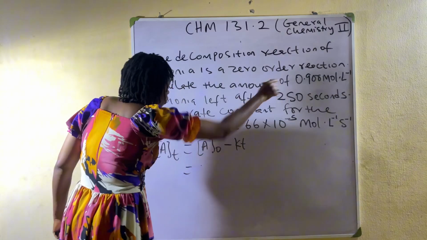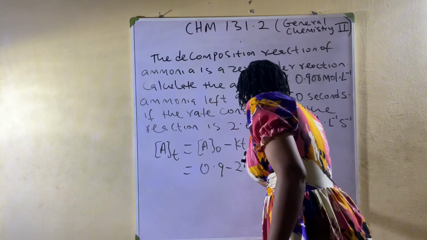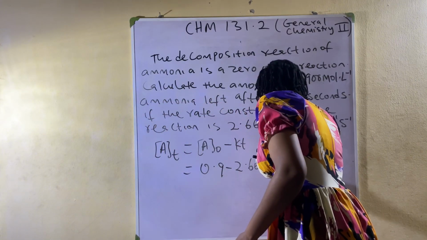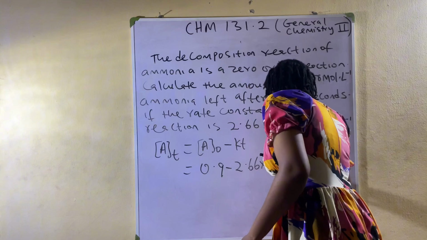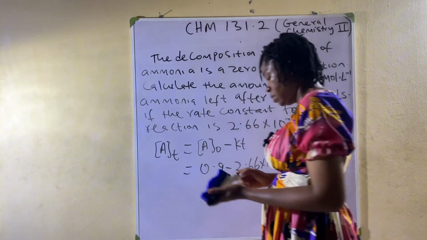Our initial concentration is 0.9, and our K is 2.66 times 10 raised to the power minus 5, times 250 seconds.